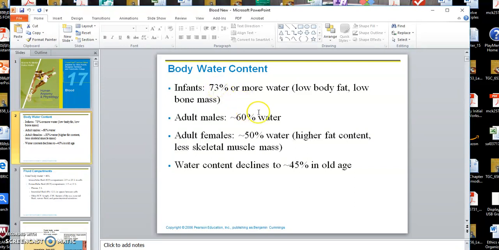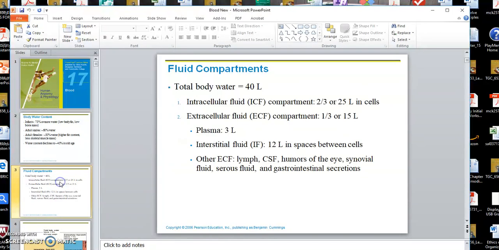Adult males have about 60% of water, females slightly less due to the amount of fat tissue. Again, in a 70 kilogram, which again is our standard human, about 56 to 60% of the body is water. If we equate that, that's about 40 liters or 40 kilograms of water out of the 70 kilograms.